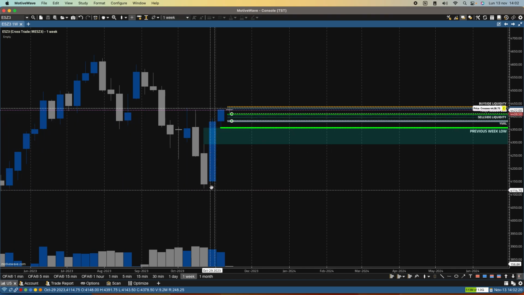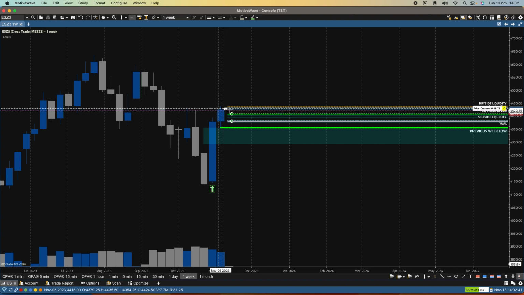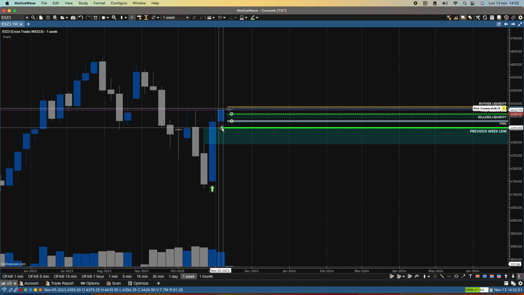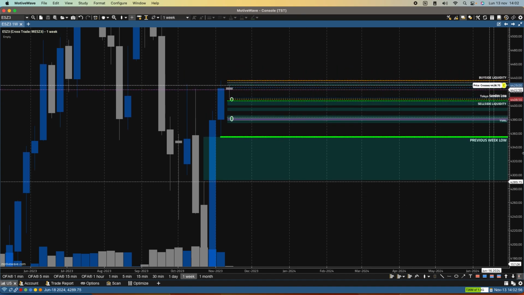It's such an engulfing with the opening higher than the closing of the previous week, and with this strong bullish pressure confirmed by this candle on the previous week, these two candles created this gap. So we have the strong green line, which is previous week low.